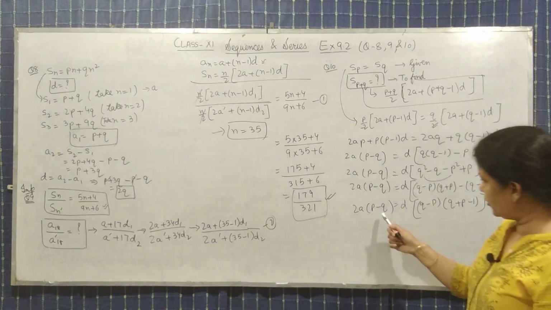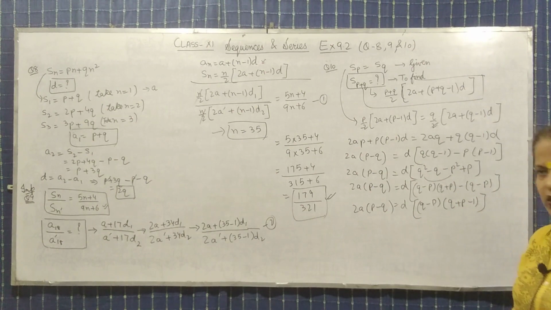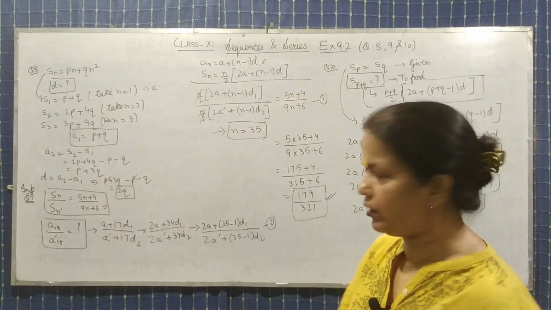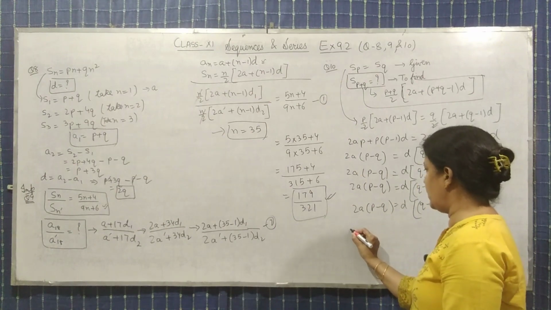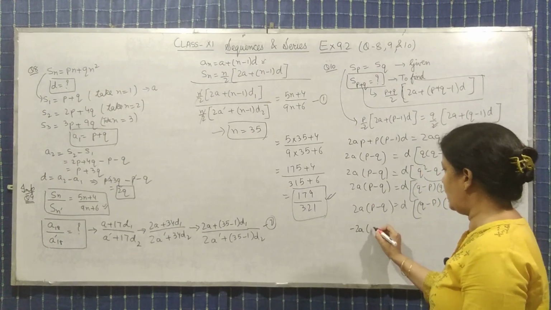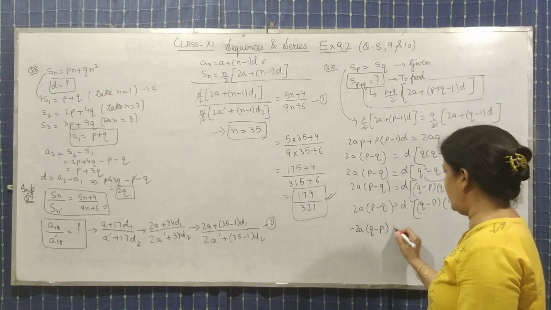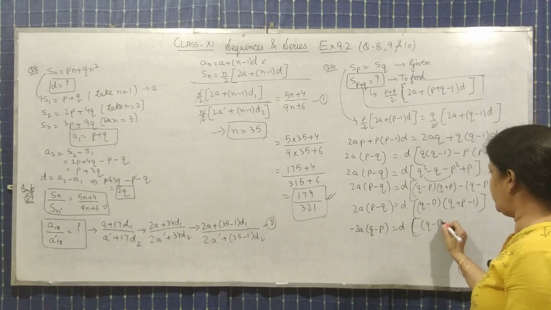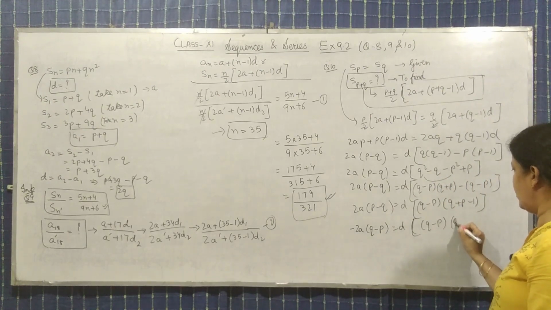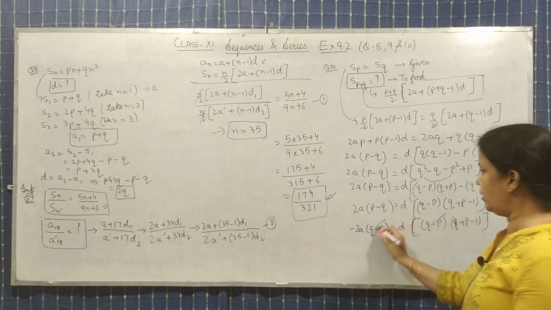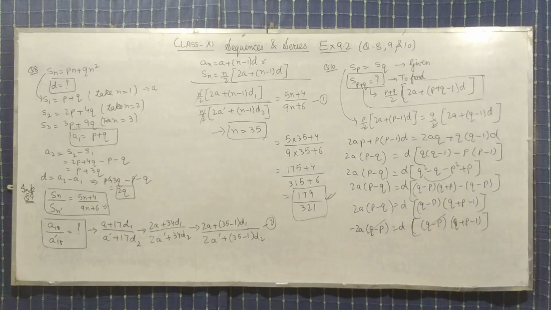Look here, this is p minus q and this is q minus p. To cancel it, we can take the negative out. So this becomes minus 2a(q minus p) equals d(q minus p)(q plus p minus 1). This cancels.